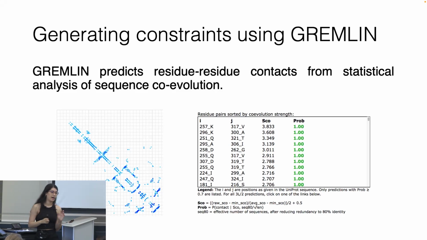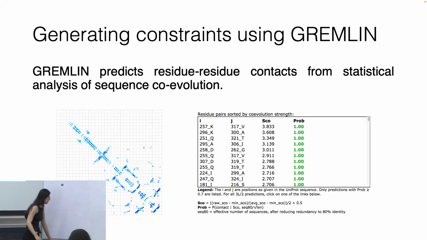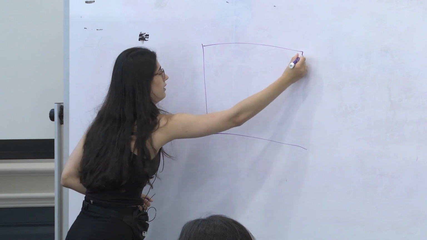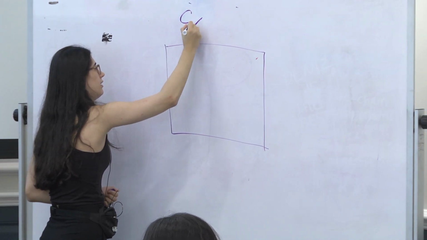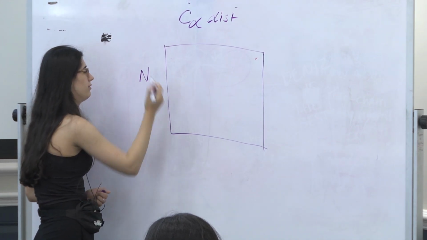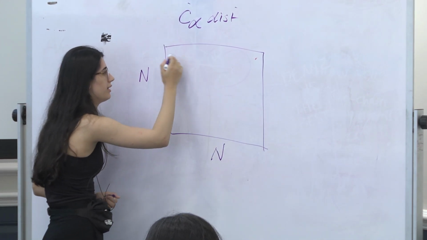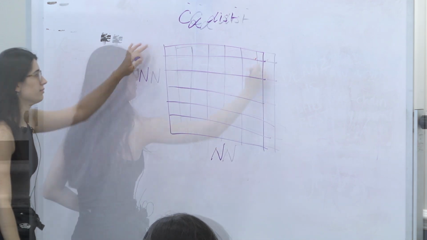So let's say I show you an alpha carbon-based histogram instead of what's on the board. So let's just say that this is an alpha carbon histogram, and then I have n residues here, n residues here, and then we'll make this really simple.